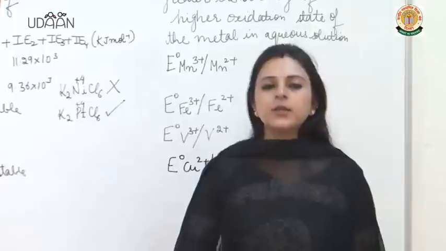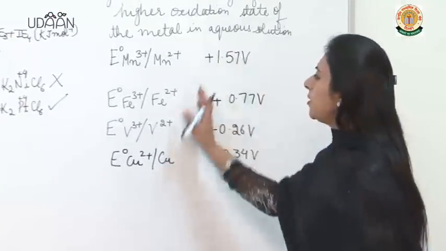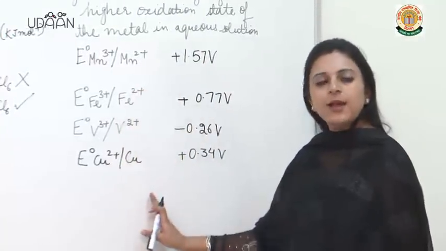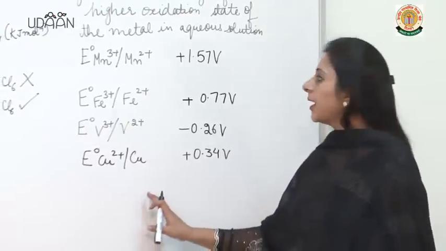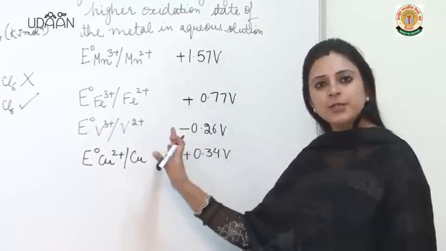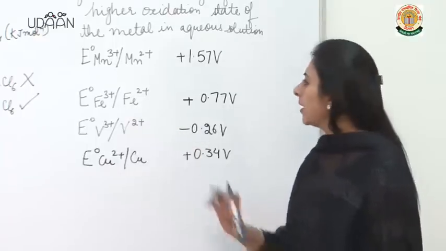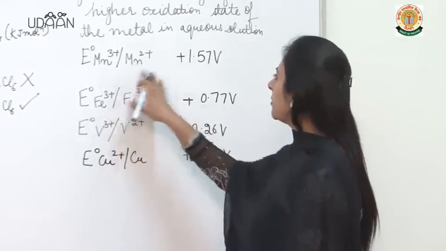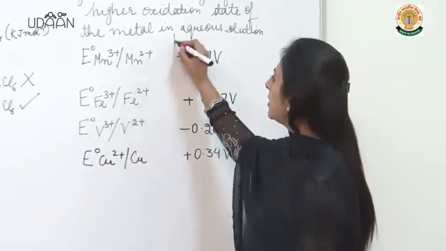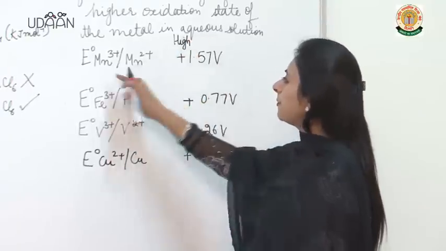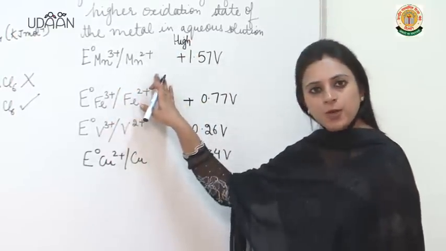Now let us look at the E0 value of these species and let us understand what is the stability of the metal ions. Now here we are looking at the high E0 value of Mn3+, Mn2+.